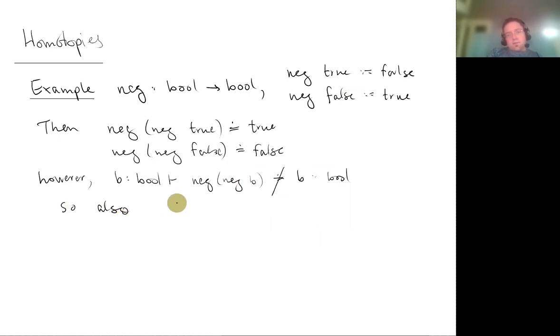So also, take the composition of negation with itself. This is not definitionally equal to the identity function on the Booleans.